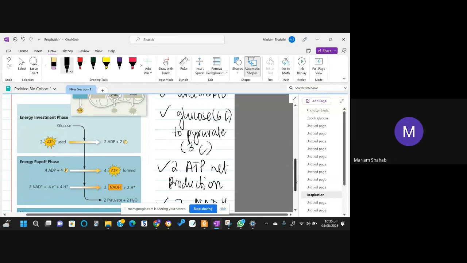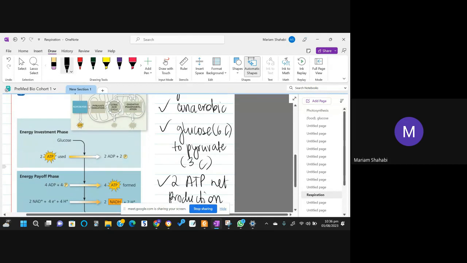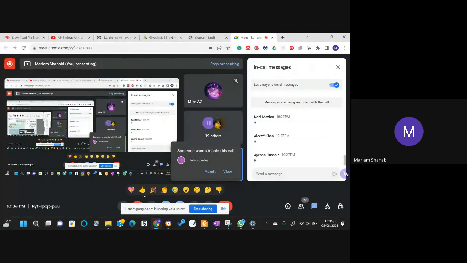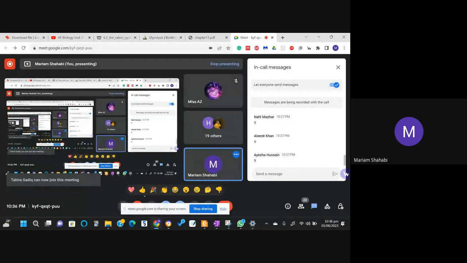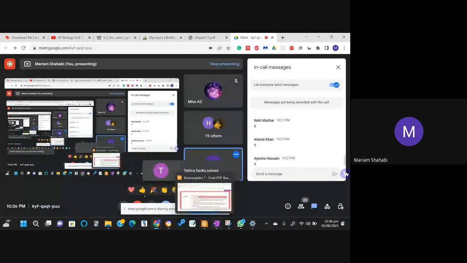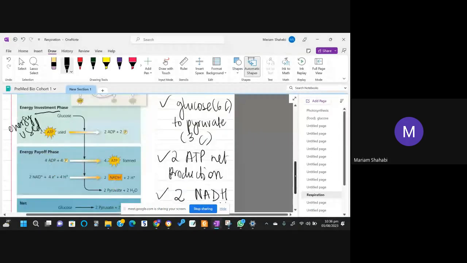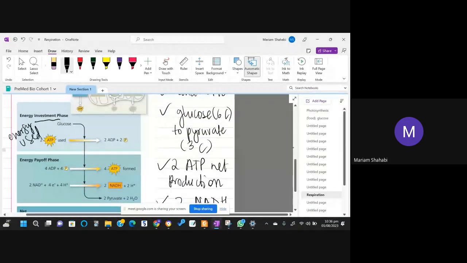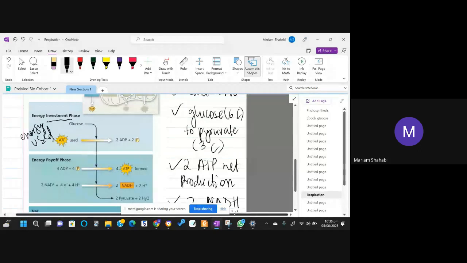So in some of the initial steps of glycolysis, we will have to expend some energy. Energy is actually used in the first few steps of glycolysis.